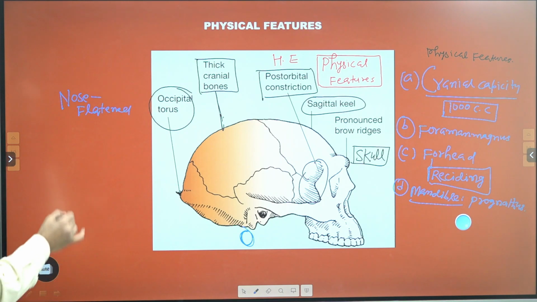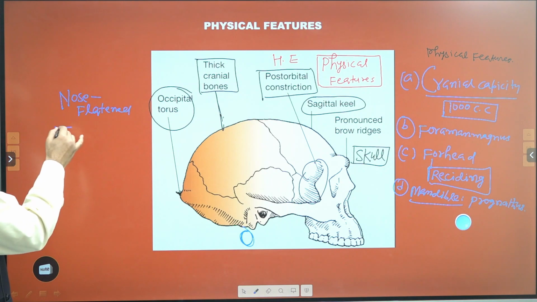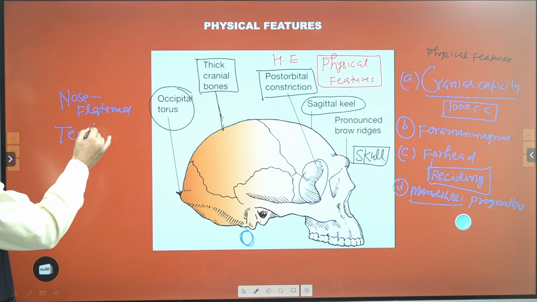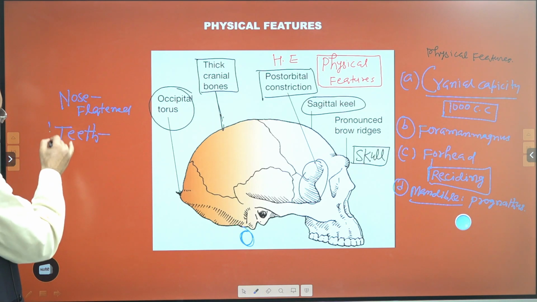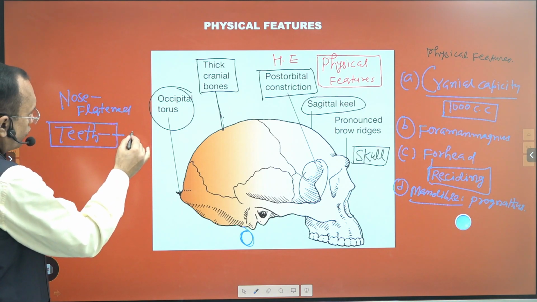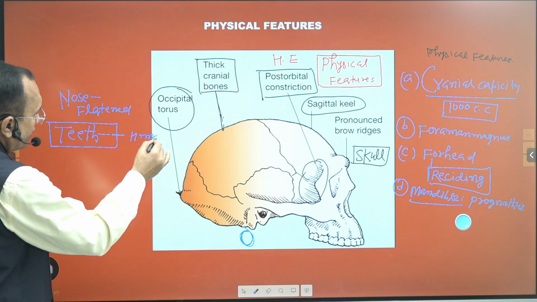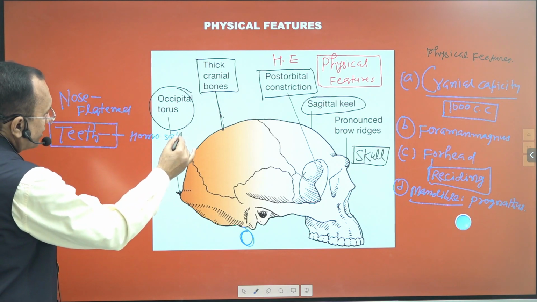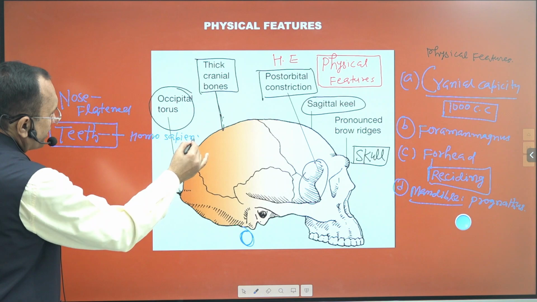And then you have to talk about their teeth. So the morphology of teeth was similar to Homo sapiens, right? That was similar to Homo sapiens.